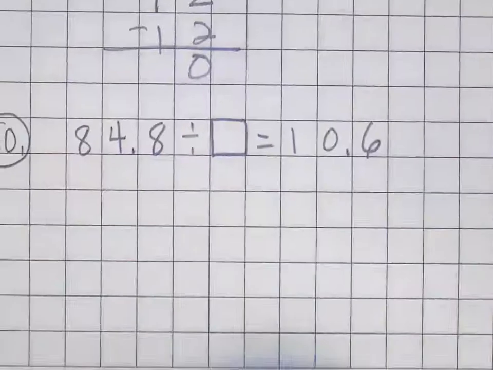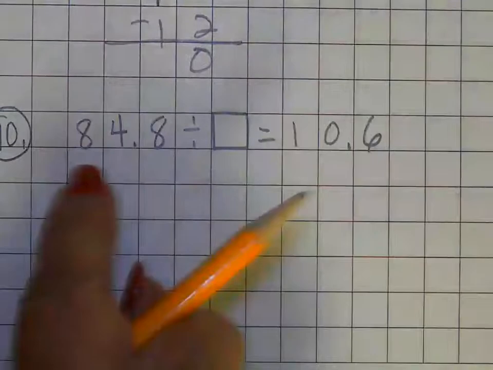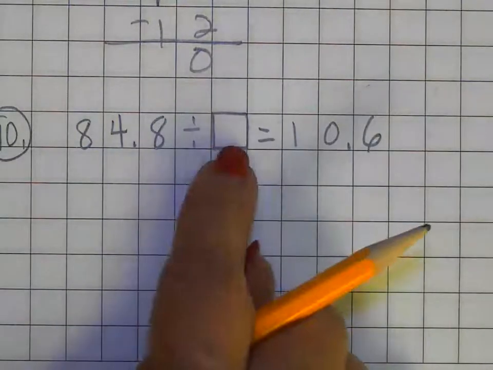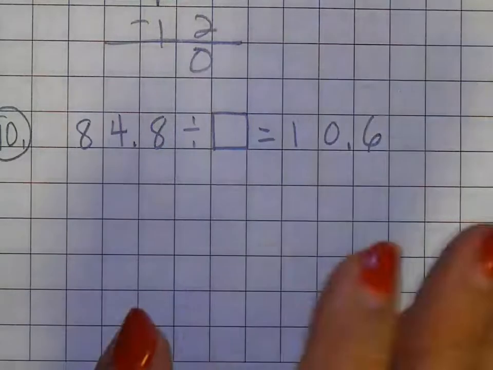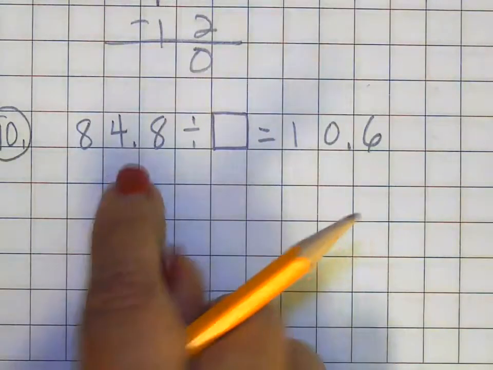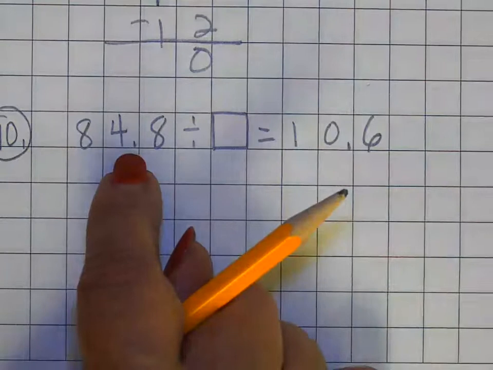The first thing that kids wanted to do was, oh, if I multiply these together, that'll give me what my divisor is. No, it doesn't, because this makes your dividend bigger. Remember, this is the most you have.